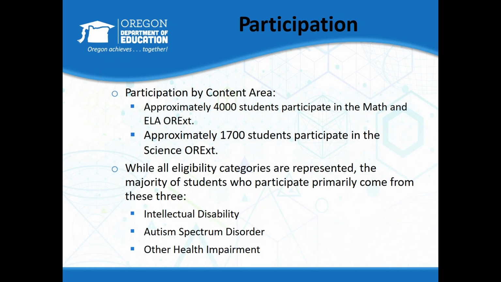While all eligibility categories are represented, the majority of students who participate primarily come from these three: intellectual disability, autism spectrum disorder, other health impairment. But again, all eligibility categories are represented as participating in the extended assessment.